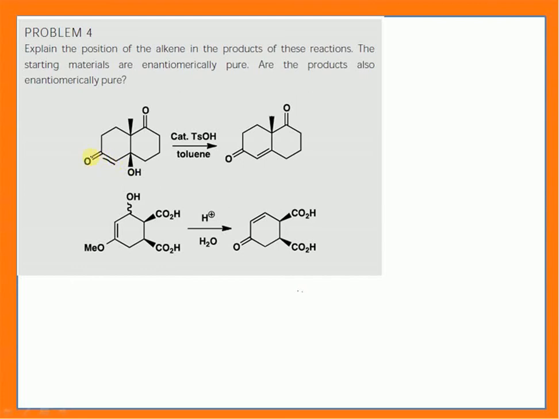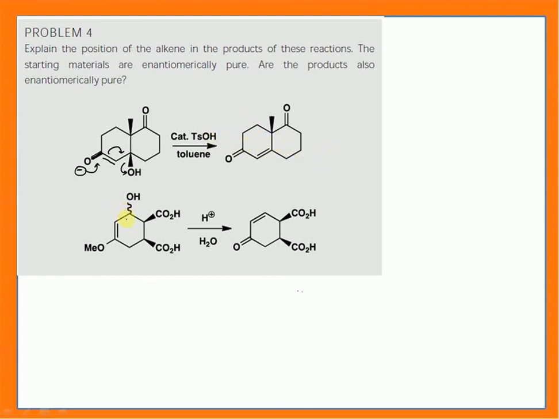Then when it comes back, this bond will shift and this OH will be removed. So there is no change in the stereochemistry of the molecule. It will remain as such.